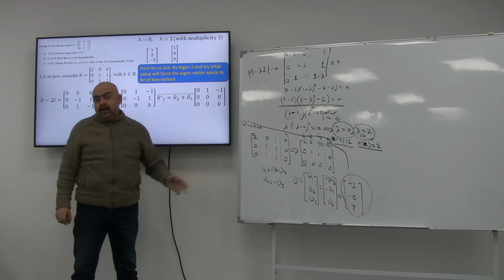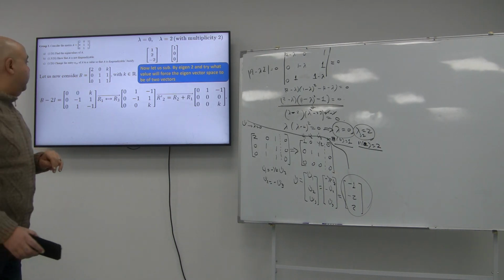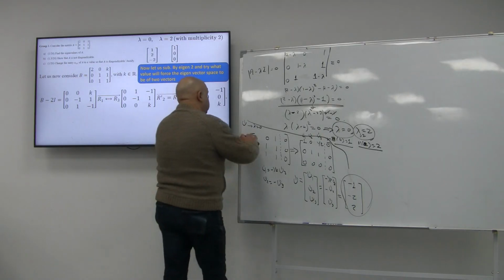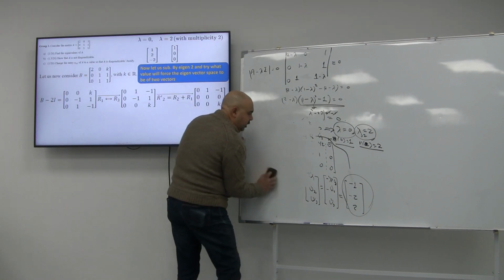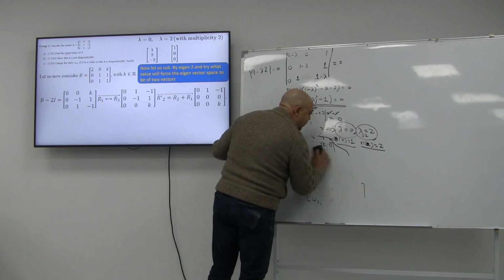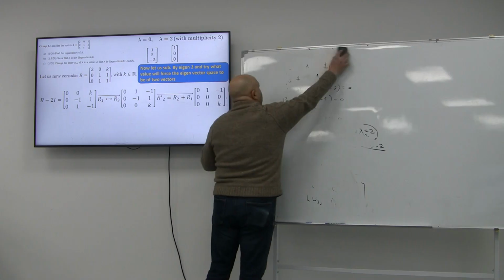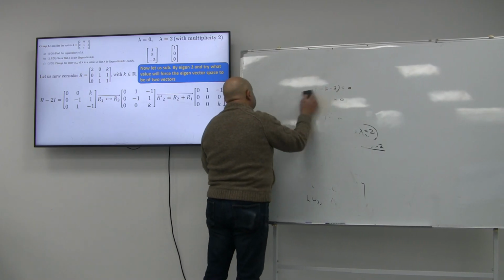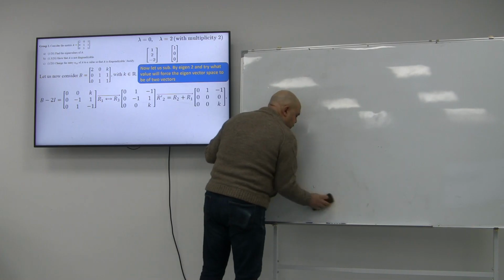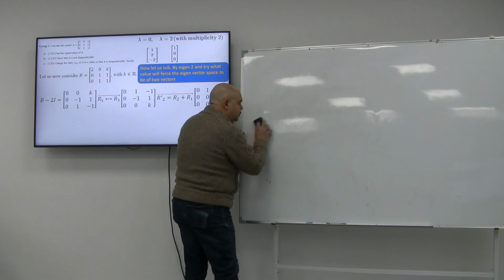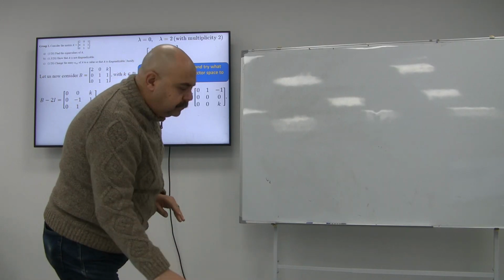I want to show you, if k equals 0, how to have a geometric multiplicity of 2 equal to the algebraic multiplicity. It's really very simple. All you have to do is to substitute the value of k, which equals 0, and then try to get your solution. So, step by step, I want to show you this.